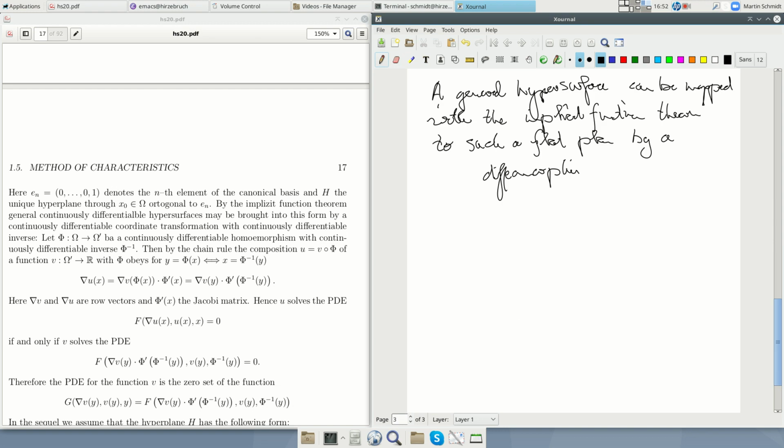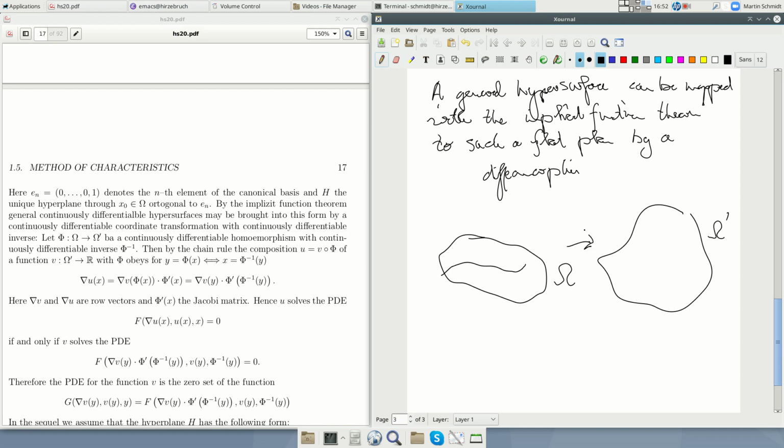The idea is we have here some subset omega, and here another subset omega prime. Let's assume that here we have a more general hypersurface, and then we have a map phi such that here it's really a flat hypersurface.